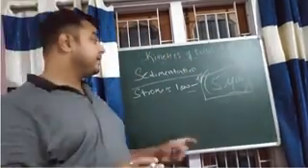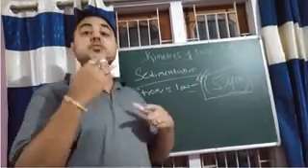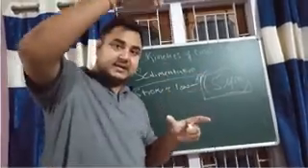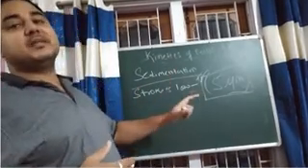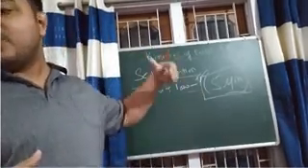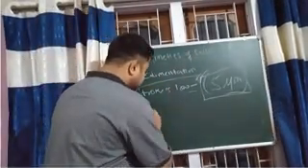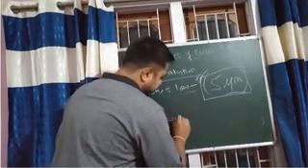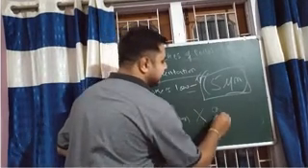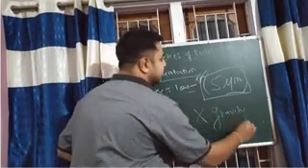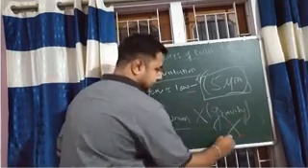But if the Brownian motion is more, suppose a solid particle is trying to settle down through a liquid, then the Stokes law will not be followed, because the Brownian motion will nullify or cancel the acceleration due to gravity. The Brownian motion will not allow the particle to get settled.